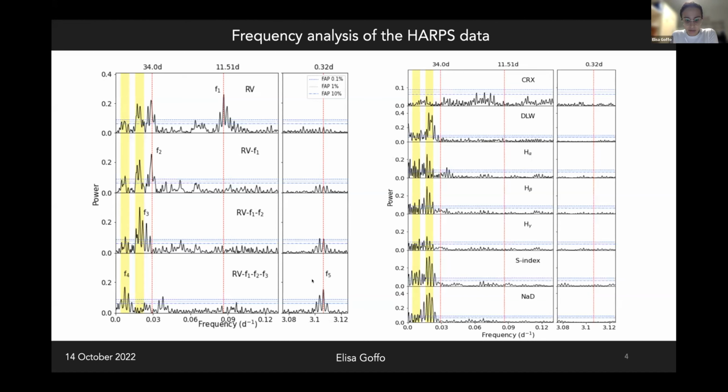In addition, we found a significant signal at 0.32 days, confirming the planetary nature of the transiting signal, and two other significant signals at around 50 days and 130 days. But these two signals are present in the periodograms of the activity indicators. So this suggests that they are likely associated with stellar activity.